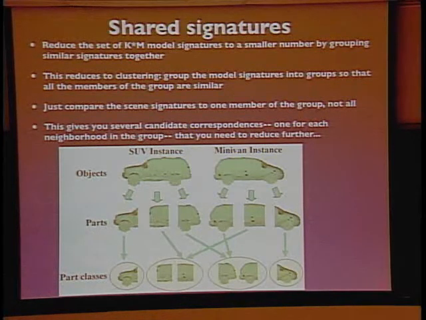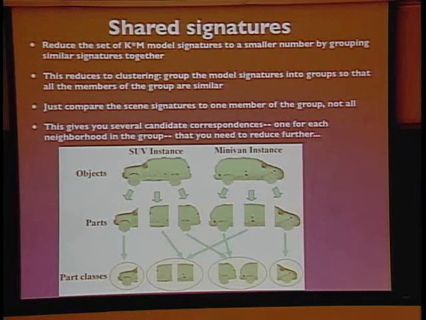Then what we're going to do at runtime is compare each scene signature to each one of the ones in each one of the classes. So it should be something like, if there are, let's say, k different shape signatures per part class, then we're going to do k times the number of part classes comparisons for each scene signature.